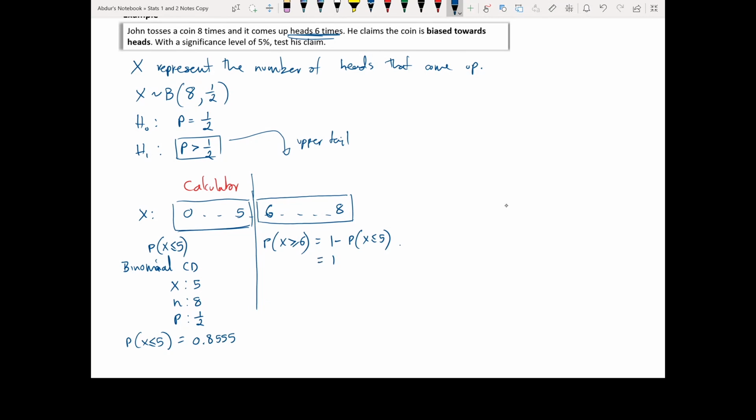So now we can work out what the probability of X greater than or equal to 6 is. It's 1 minus 0.8555, and that gets us 0.1445. We can now write this as a percentage, 14.5%, and we can see here that this 14.5% is greater than our 5% significance level.